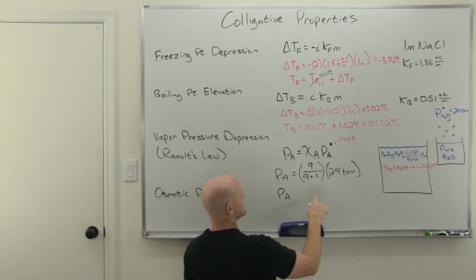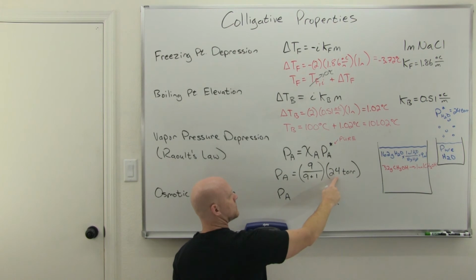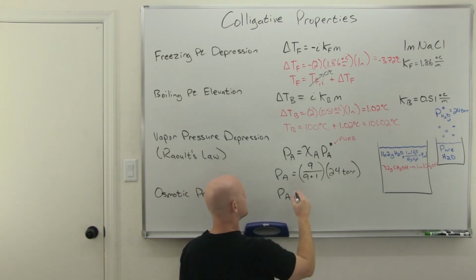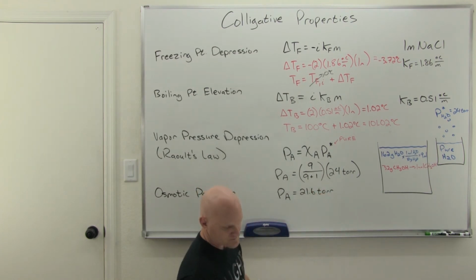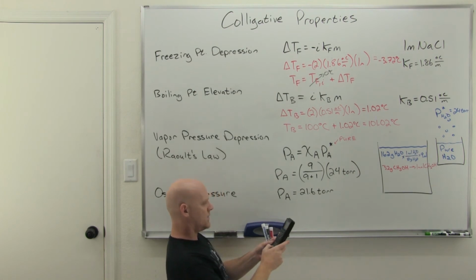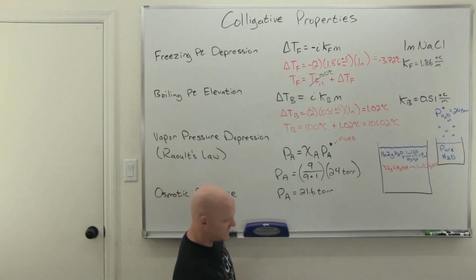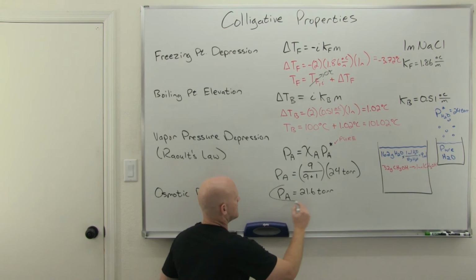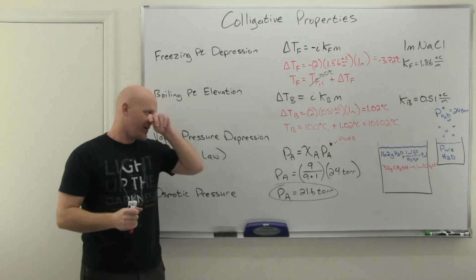So 9/10 or 0.9 times 24. 10% of 24 is 2.4, so we'll subtract that off as one way to do it, and that's going to get us 21.6 torr. Again, just use your calculator. I'm just doing the math in my head here, but if we do 0.9 times 24, you indeed get 21.6 torr. And so our vapor pressure went down 2.4 torr from the normal value.